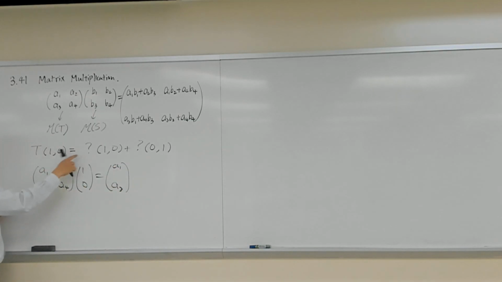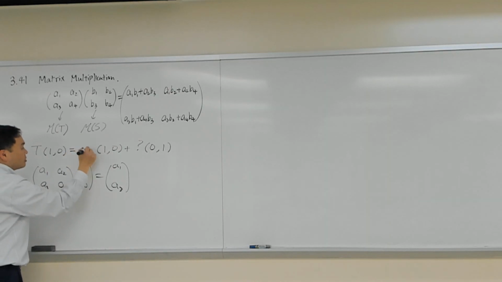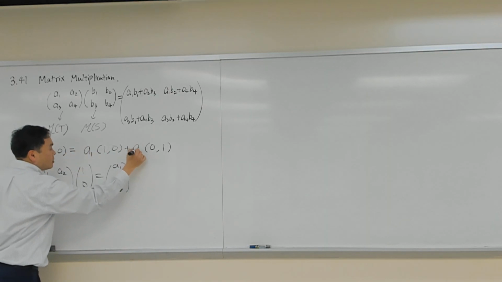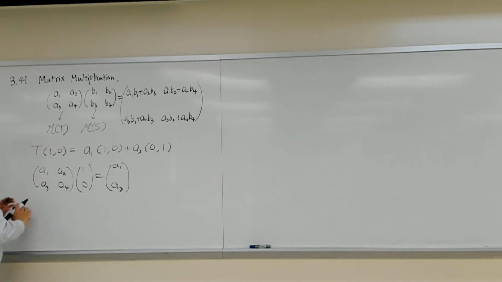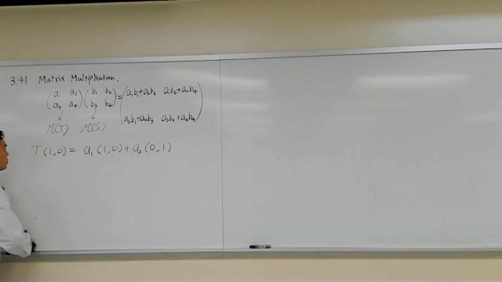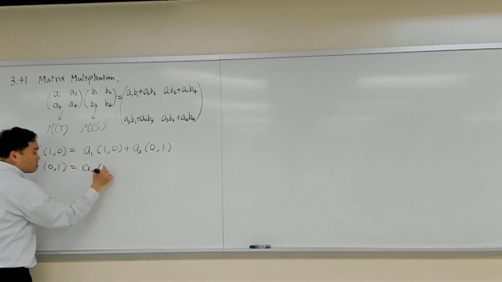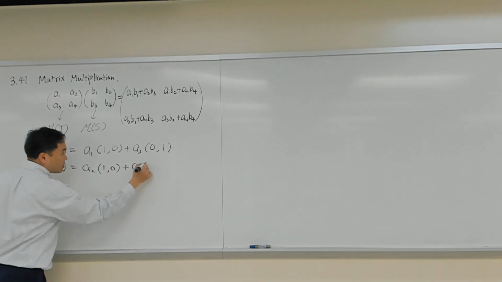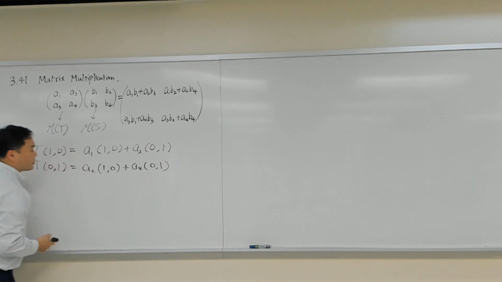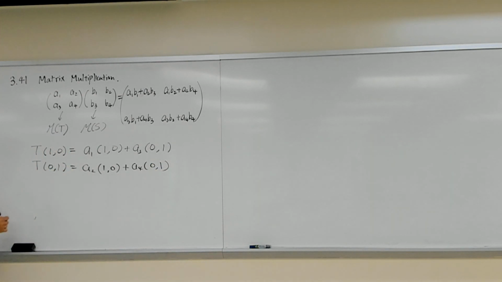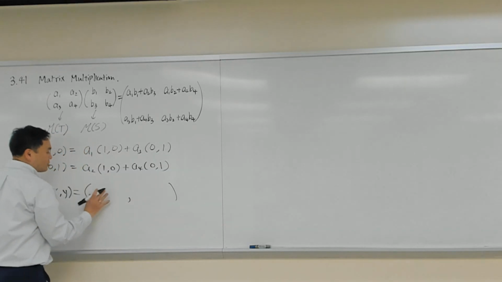So that's what we get. So what do I put here and there? A1 and A3. And likewise, if I do T of (0,1), what do we get? A2 and A4. Okay, so that's that. Now, tell me what T of (x,y) is in terms of something comma something.